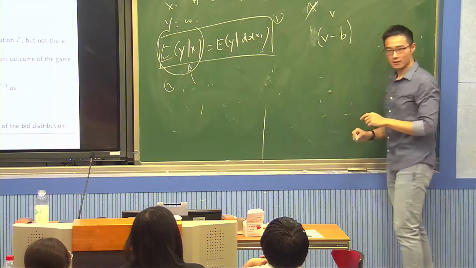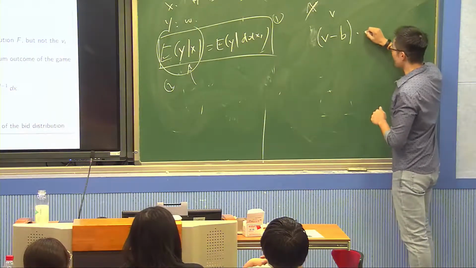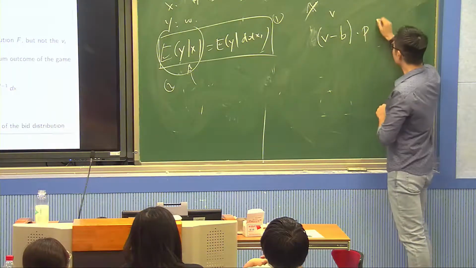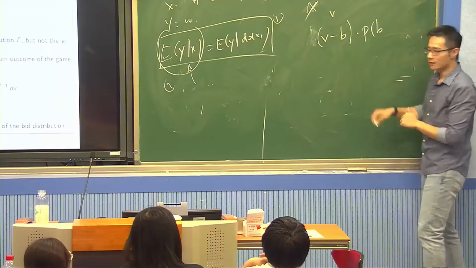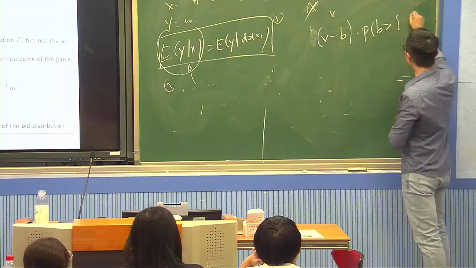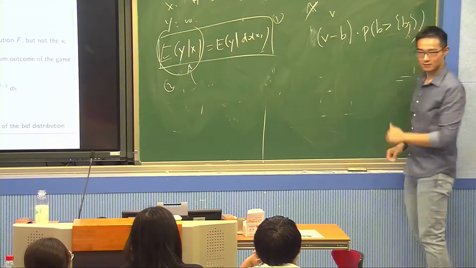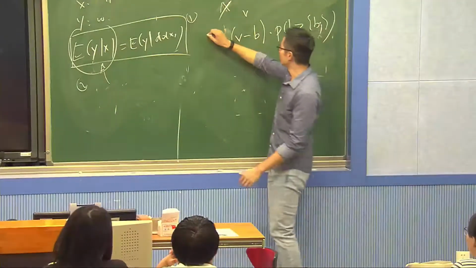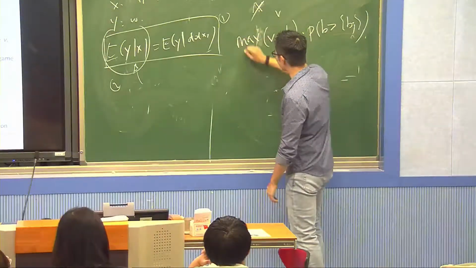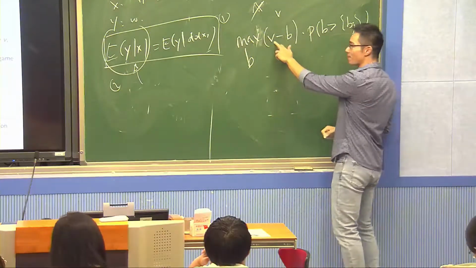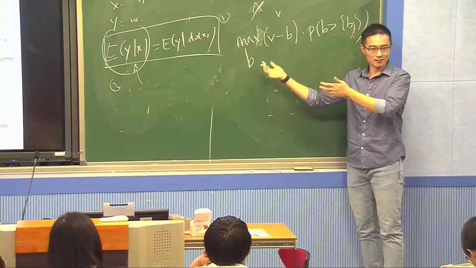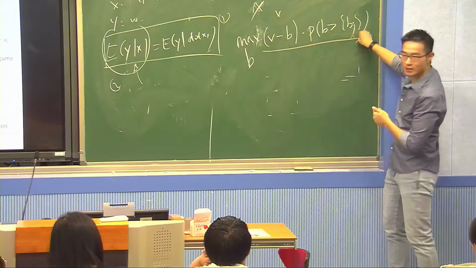And then times the probability that my bid is larger than all the other people's bids. Correct? And then we have to maximize. So now I need to choose the bid that maximizes my return. This is my expected return.